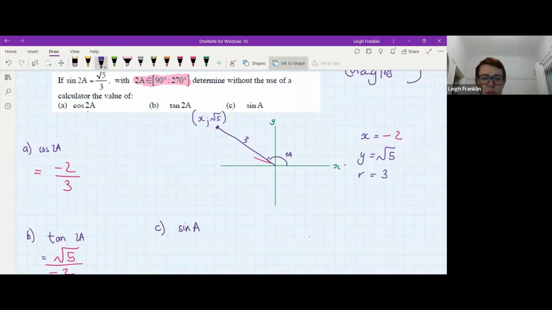Sine A. Sorry, this is the one that I keep thinking about, and I'm rushing to get to, but anyway. So now sine A. What do you notice is different here to what they gave us?